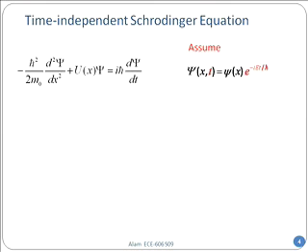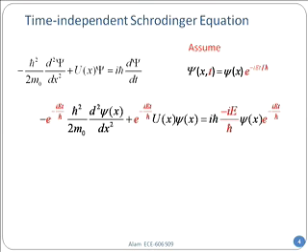Just the position dependent part, psi of x, which is the small psi, and then the time dependent part is given by e to the power i E t divided by h bar. So it's i omega t essentially. That's what you have there. So if I insert this substitution on the left hand side, then you should be able to see that this is the result I will have.